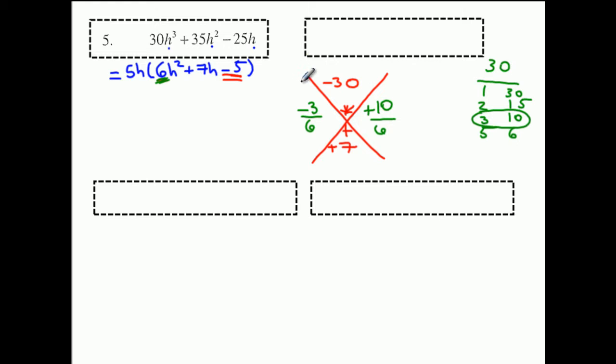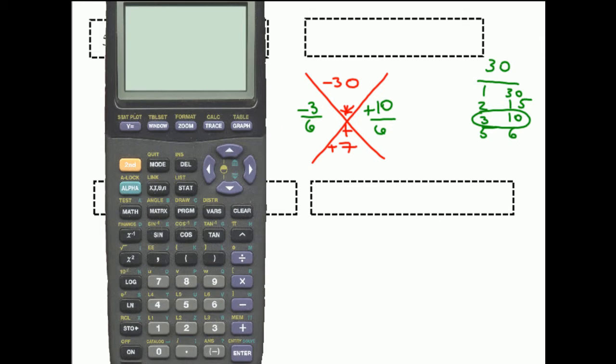Now the next thing you need to do is reduce these 2 fractions. You can do that with pencil and paper, or you can use your calculator at this point. If you want to reduce 3 over 6, you do 3 divided by 6. That gives you 0.5, and if you want that in fraction form, you hit math, and then just hit enter on fraction, and that gives you the reduced fraction.